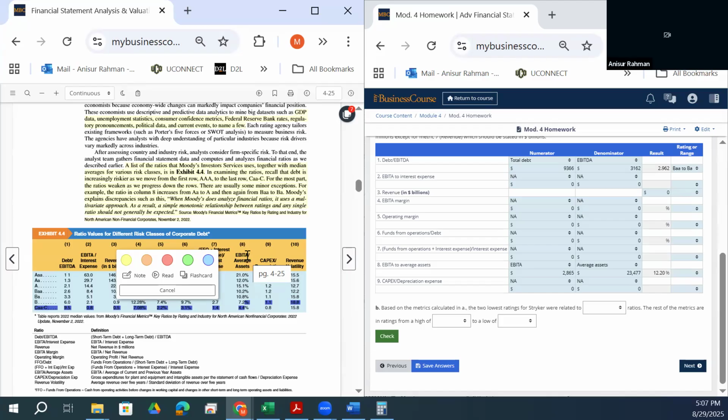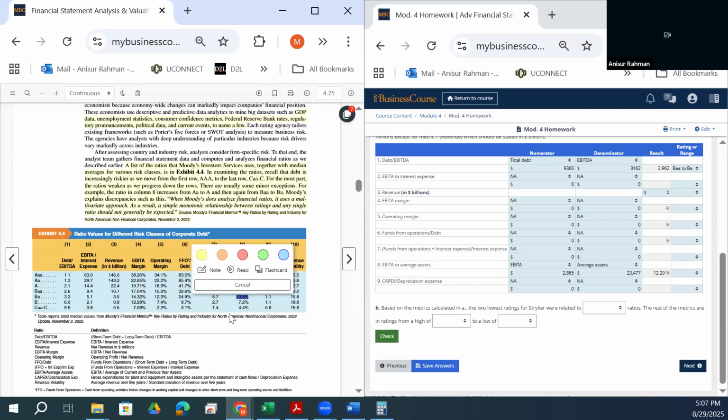So what we are going to do here is we are going to ignore this disruption here. So from 10.8 to 10.2, it should have increased. So we are going to consider 12.2 between this 15.1 and 10.2. So which will be A to BAA.